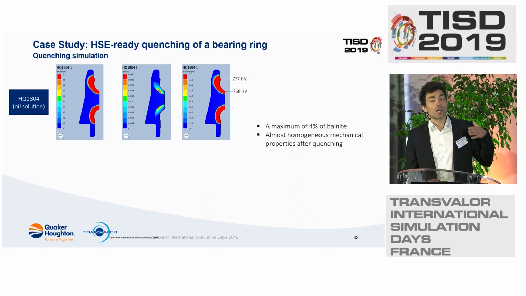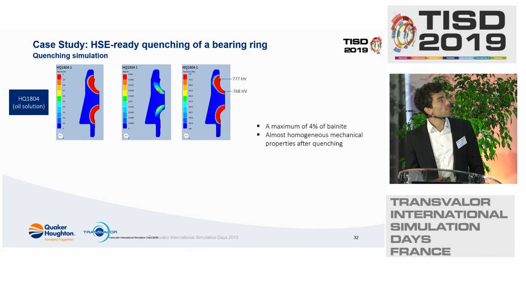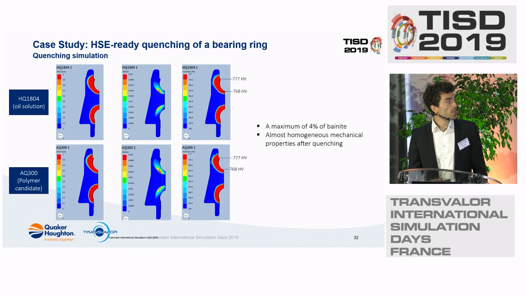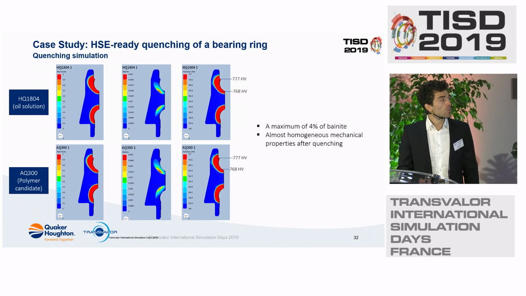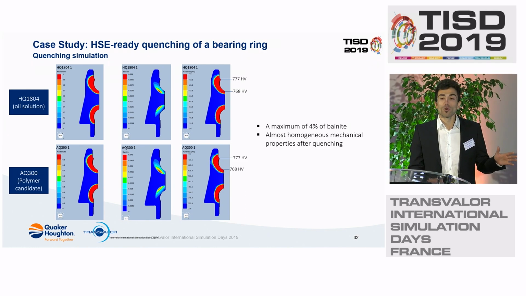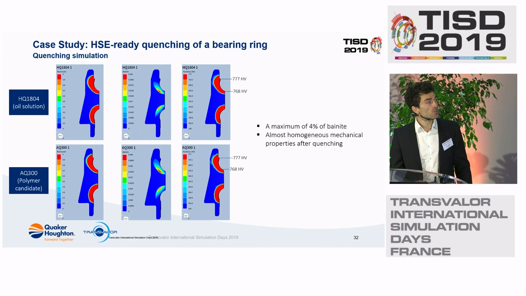So that's why we are interested in intermediate quenching times, and as you can see with the oil solution, we had only a couple of percent of bainite which appears, which leads to almost homogeneous hardness. And the same can be said for the polymer candidate, where we have up to 4%, so that's more or less the same, and the same hardness too.